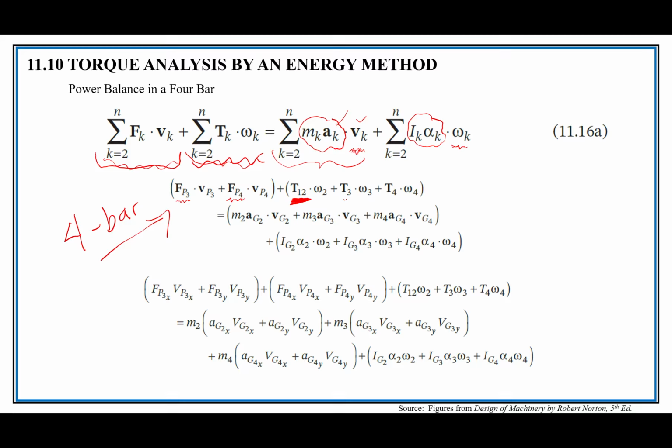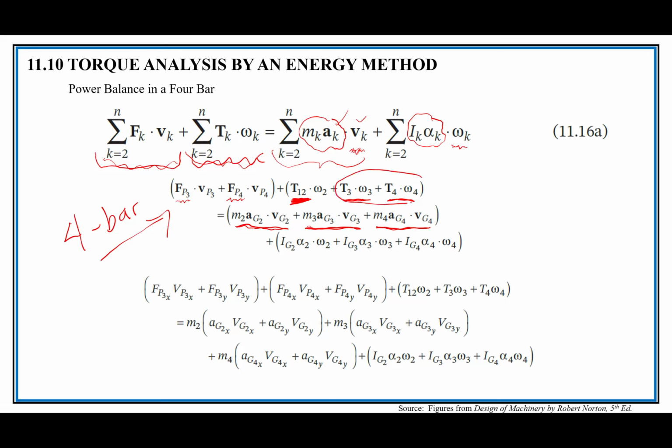And then we also had these external ones being placed onto the coupler and on the rocker. And then down below we have, for each of the links, mass times acceleration times velocity. Those show up every time.